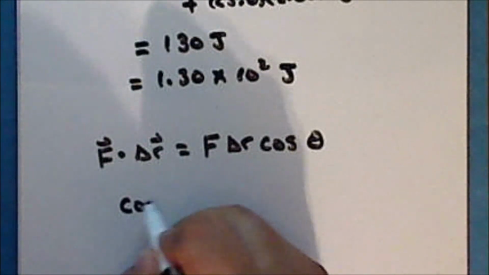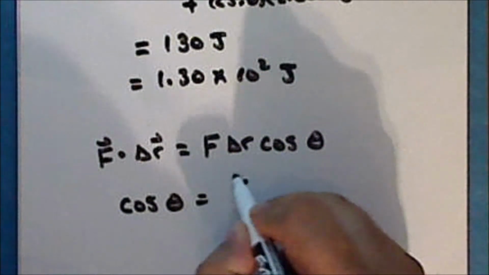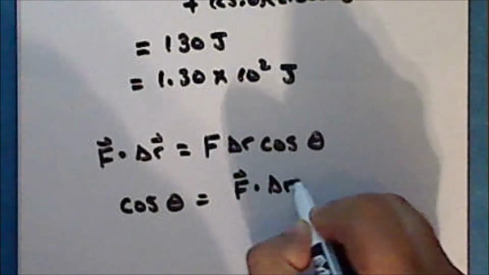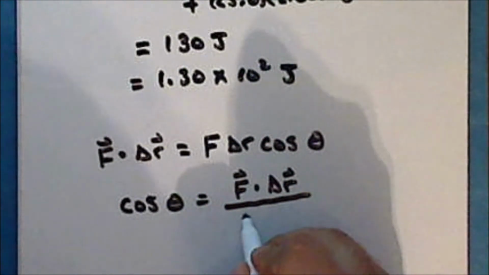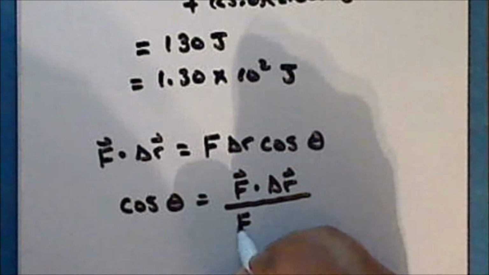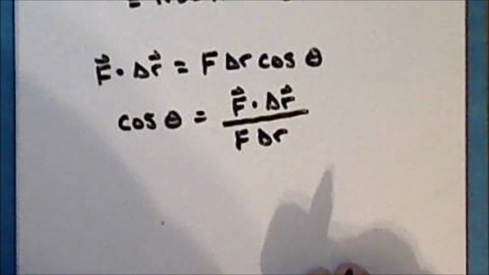So we have cosine theta is equal to the dot product of the force and displacement vectors divided by the magnitude of the force times the magnitude of the displacement.